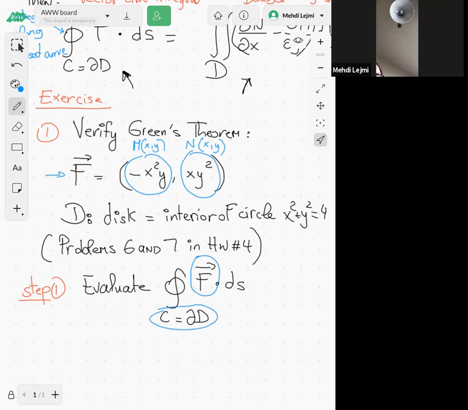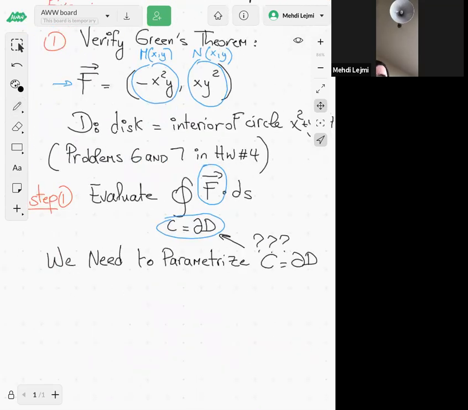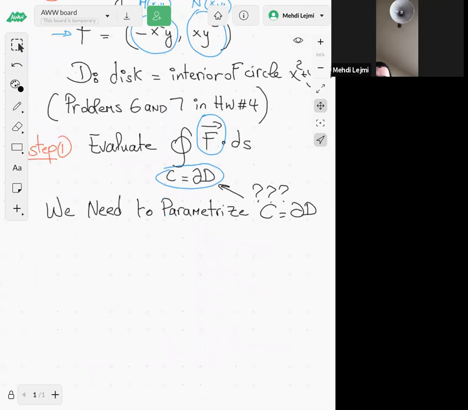So we need to parameterize the boundary, the curve C, which is the boundary of D. Now, what's this boundary?